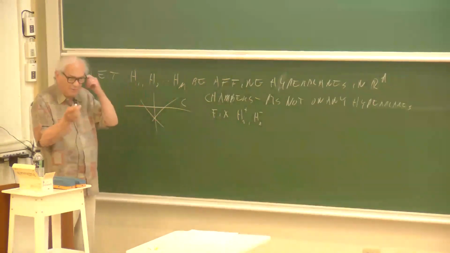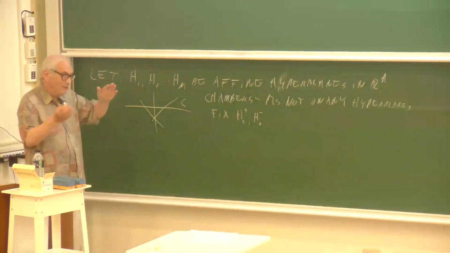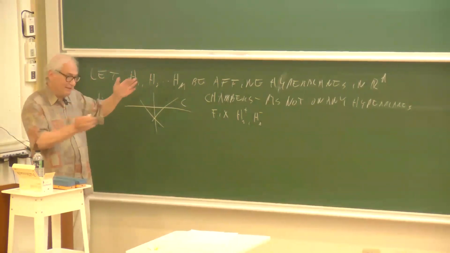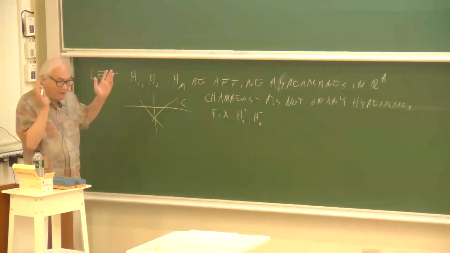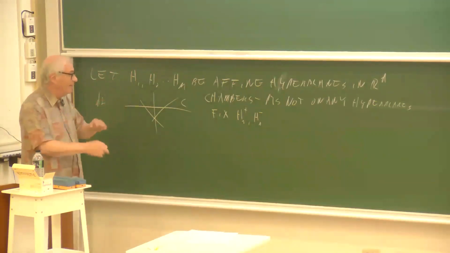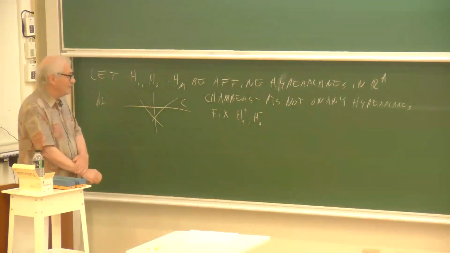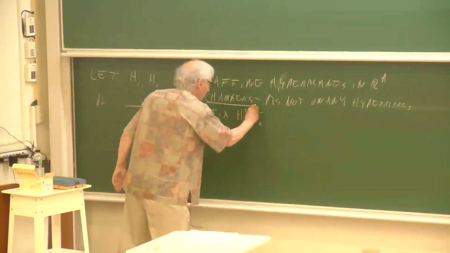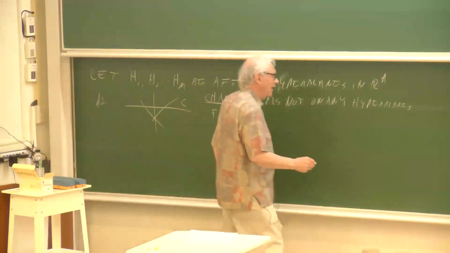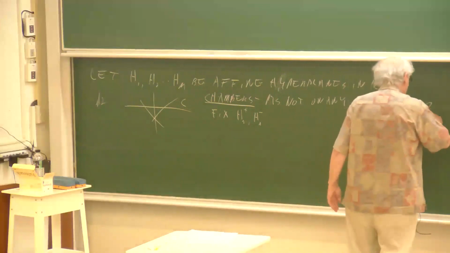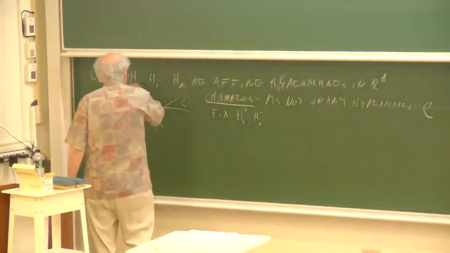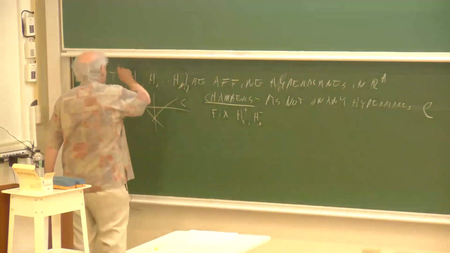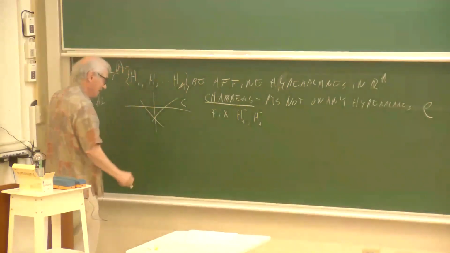Each hyperplane's complement is divided into two parts, called plus and minus. It doesn't matter how you label them, but fix it at the beginning. So those are the chambers of a hyperplane arrangement, and I'll call the set of chambers script C, and the set of hyperplanes, the arrangement, script A.